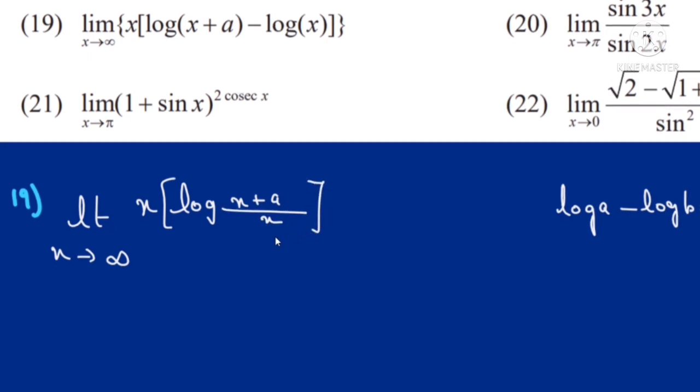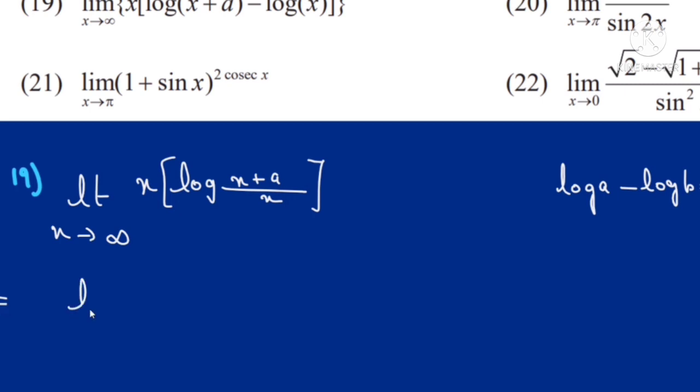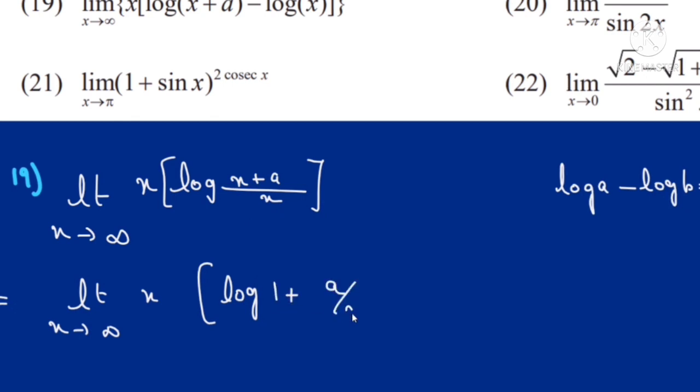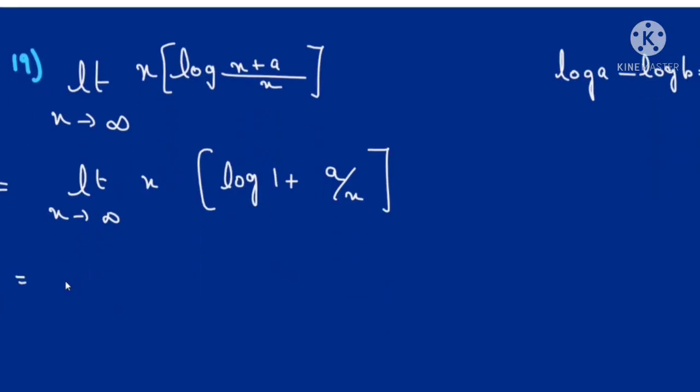We bring this x to the denominator, and dividing x by x gives 1, so this is limit x tends to infinity, log 1 plus a by x.